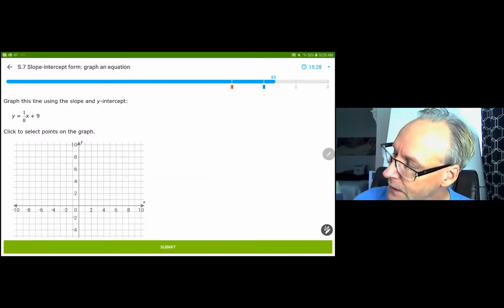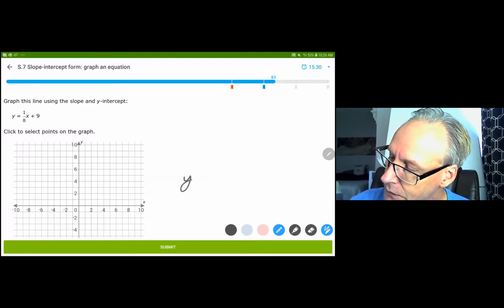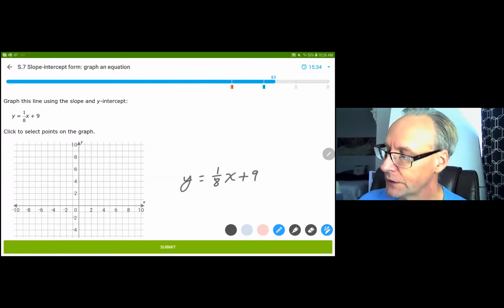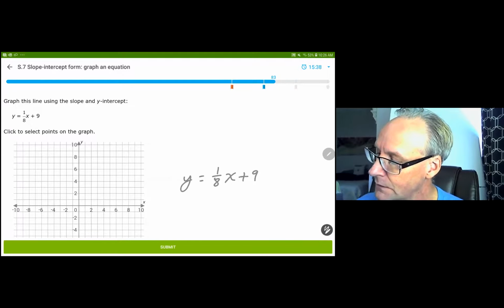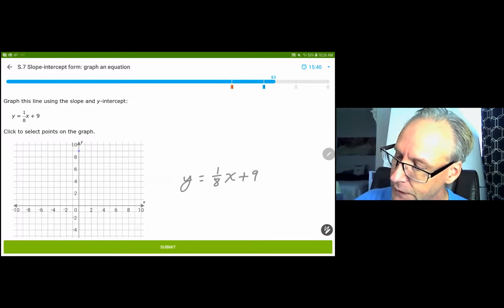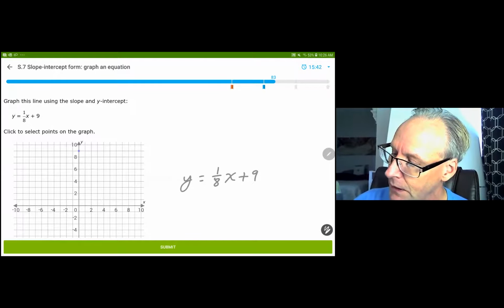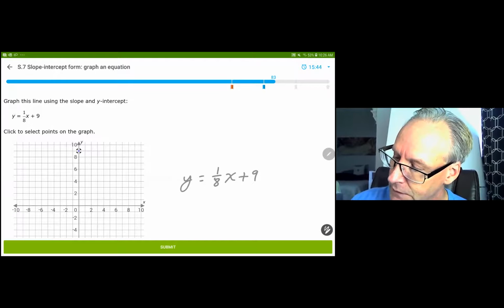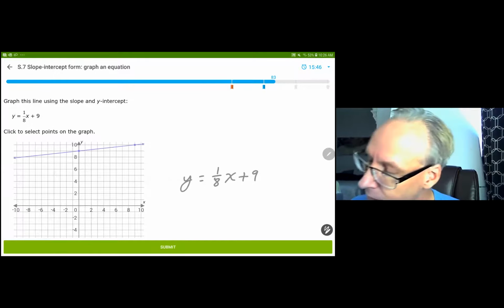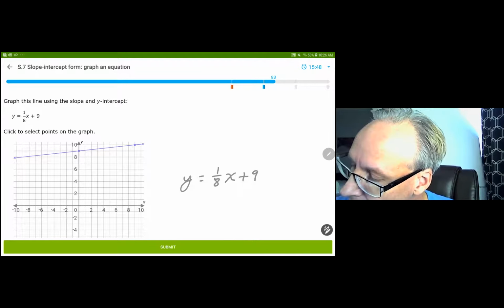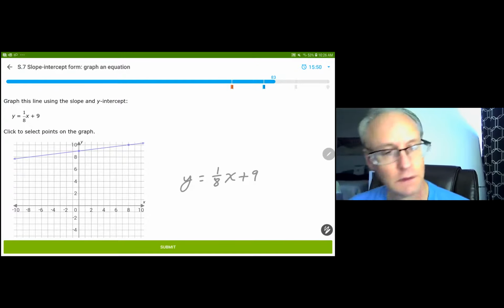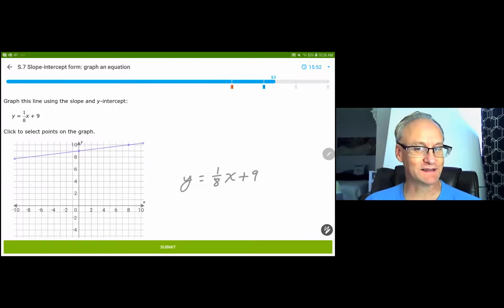This time we have y equals 1/8 x plus 9. We're going to go through 0, 9, and then have a slope of 1/8. 0, 9 is located right there, and up 1 and over 8 is going to be located right about there, I believe. Oh, I think I'm off by 1. There it is. Really easy to fix this. This is a really nice graphing program.